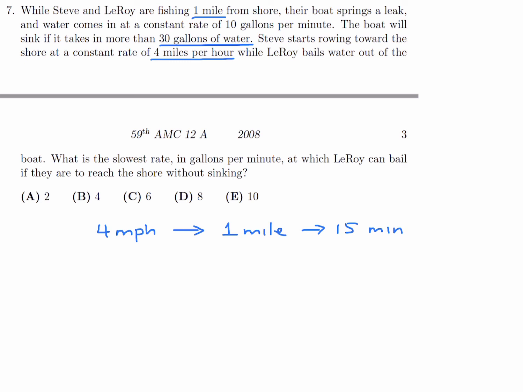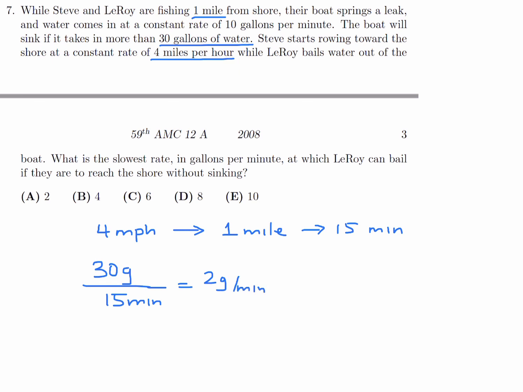Otherwise, they sink. So if 30 gallons comes in and they reach the shore at that very point, they can just jump off the boat onto the land and they're safe. So 30 gallons in 15 minutes is the max.